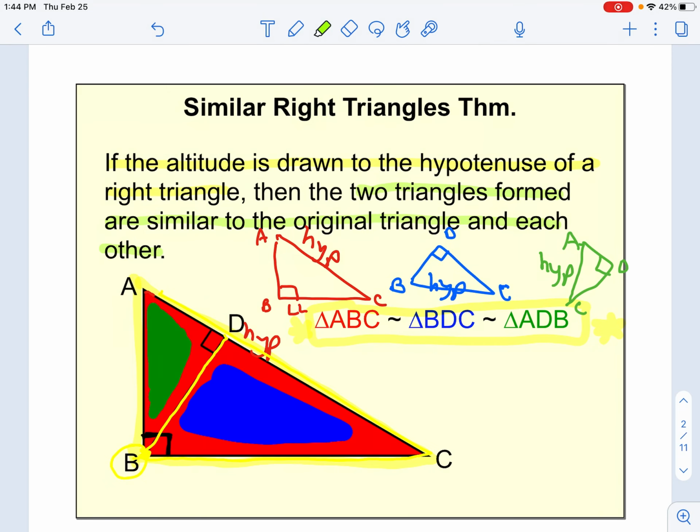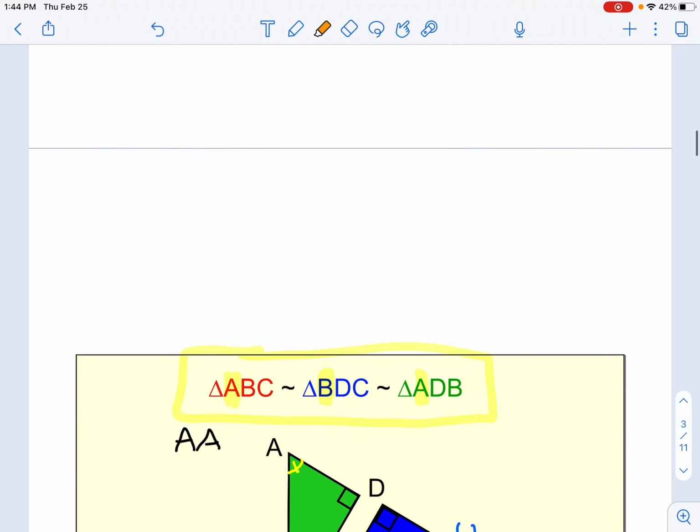And so if we look at the similarity statement, we can see that AC right here and BC right here and AB right here are the ones that are the hypotenuses. Those are the corresponding sides. And we also can take a look at the longer legs and the shorter legs, and we're going to write proportions of similar triangles to find those missing pieces.